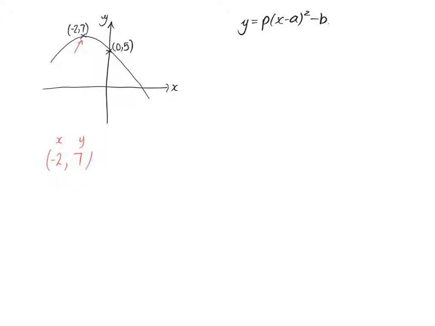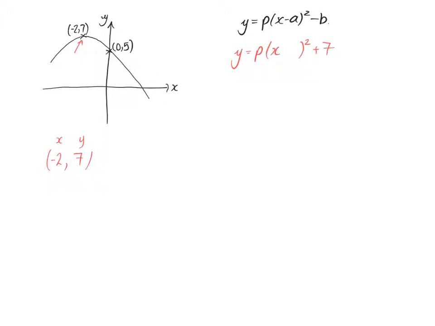So in here we have y equals p bracket x minus a squared minus b. So we know that we're going to have y is equal to p, and then we've got x, we've got something squared, and then we're going to have to add 7 because the graph's been moved up 7 to there.